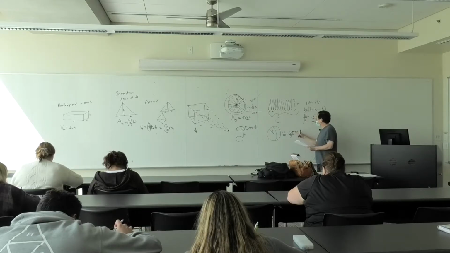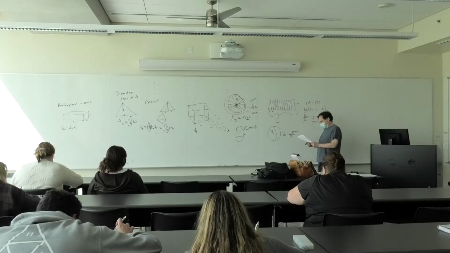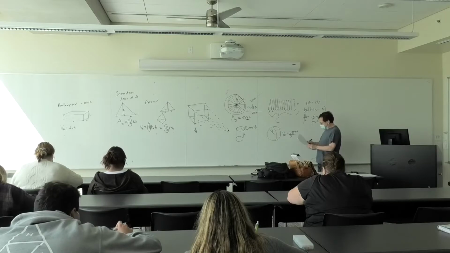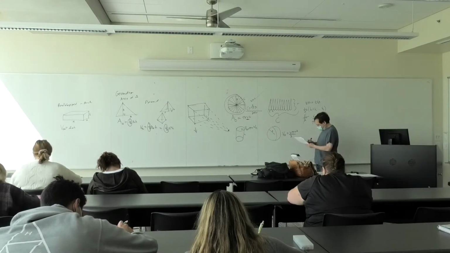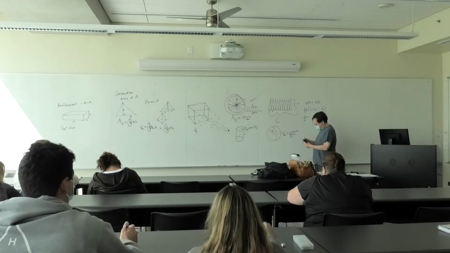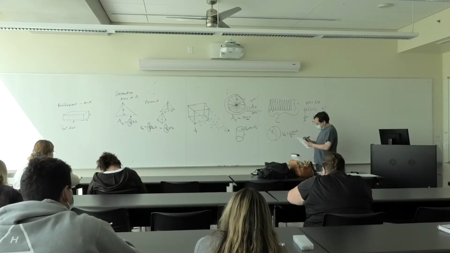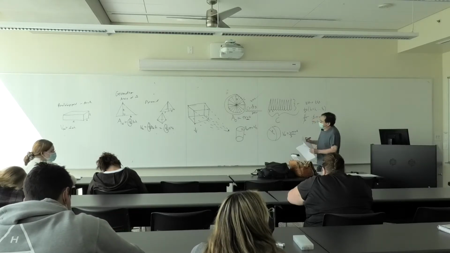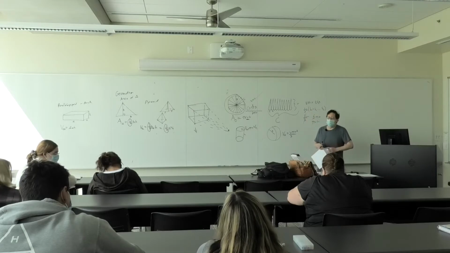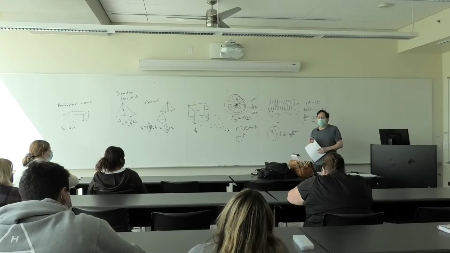So 4/3 pi r cubed. I'm getting these things wrong on my notes. I must have been in a hurry. Maybe I can fix these. All right, so that's your basic geometry, areas and volumes.